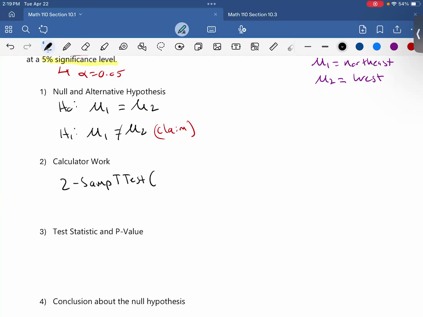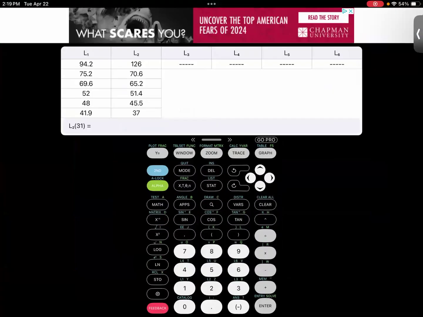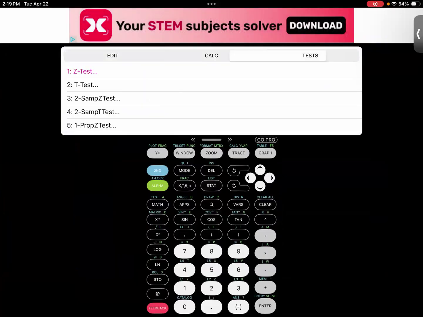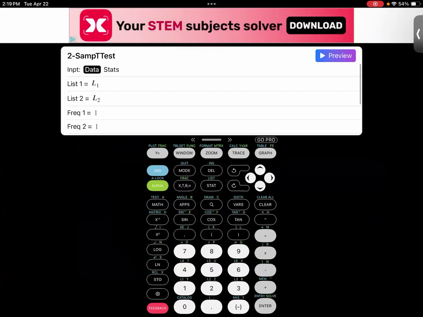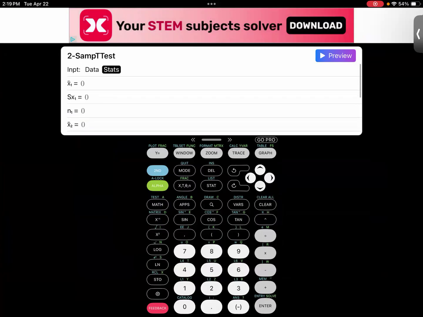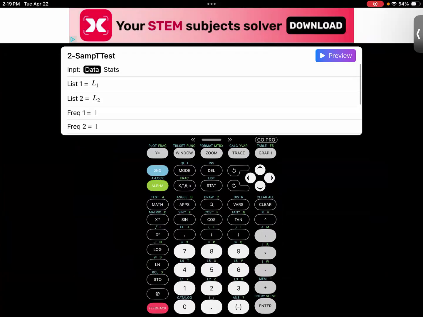And what does our calculator say about the two sample t-test? Let's go to our calculator, go to stats, tests, two sample t-test. We have two options, data or stats. Since we're given a list of data that we entered, we're going to choose the data option.